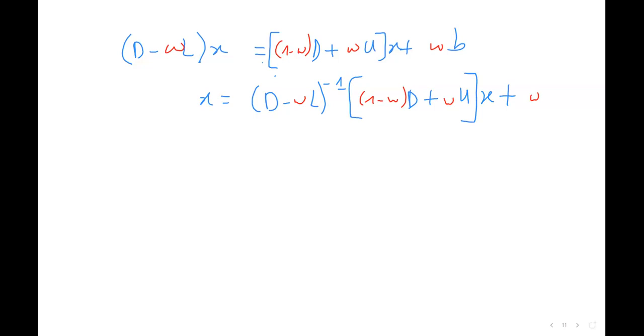So let me see. This can easily become omega (D minus omega L) inverse of b.